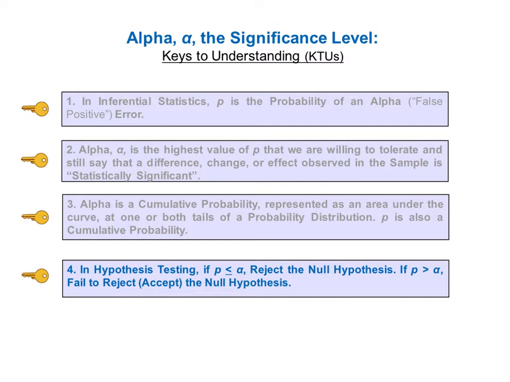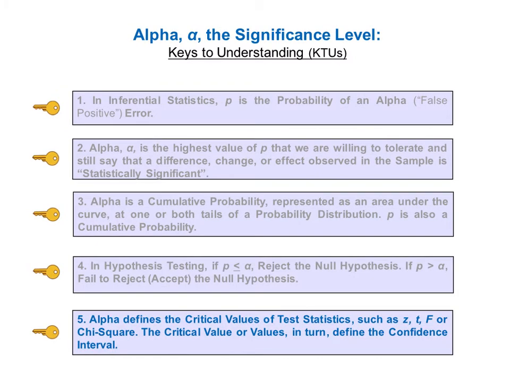If P is greater than alpha, fail to reject, some say accept, the null hypothesis. And the final key to understanding, number 5, says, alpha defines the critical values of test statistics, such as z, t, F, or chi-square. The critical value or values, in turn, define the confidence interval.